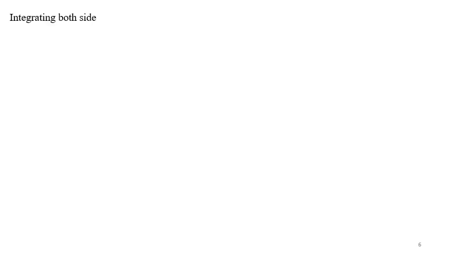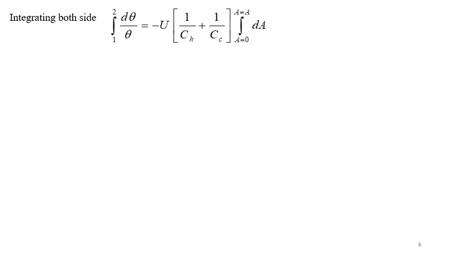Now we can find the total heat transfer q by integrating both sides. So we integrate d theta by theta equal to minus U into dA into (1 by Ch plus 1 by Cc). The boundary condition is from inlet to outlet.